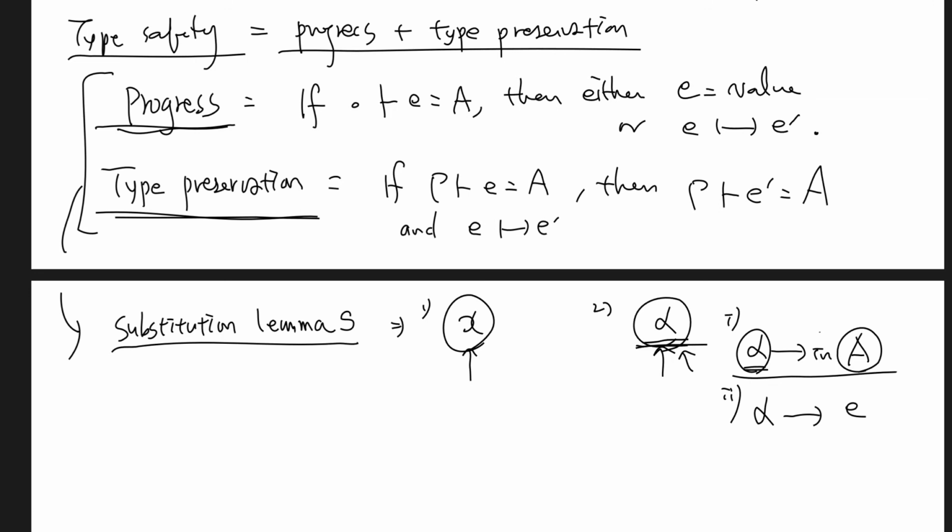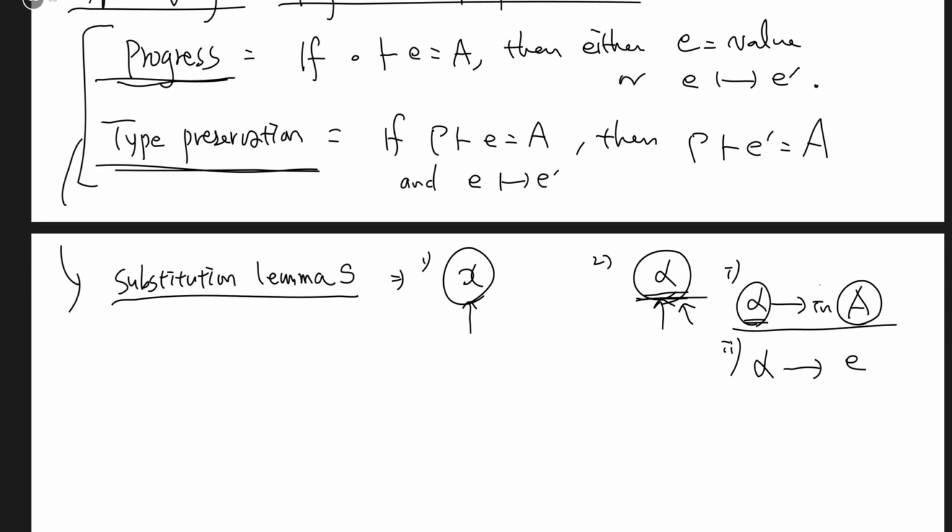So let's state all these three substitution lemmas in system F. So the first is, let's start with the substitution lemma for these expression variables, because we have already seen a similar substitution lemma when we learned simply typed lambda calculus.